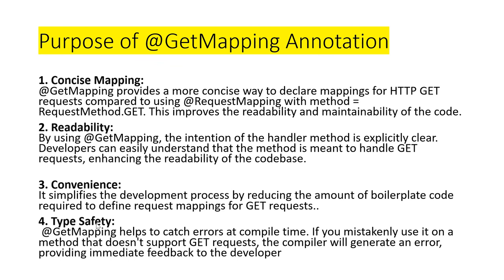If you mistakenly use @GetMapping on a method which requires another HTTP method, it will give a compile time error and the developer will come to know. So these are some points for which the @GetMapping annotation is helpful, right?